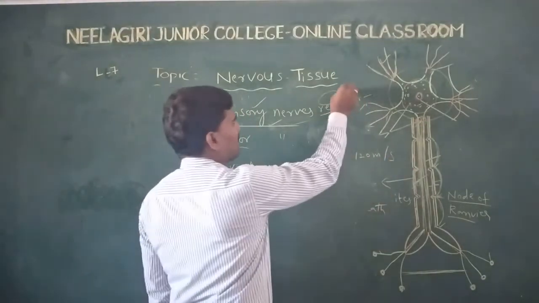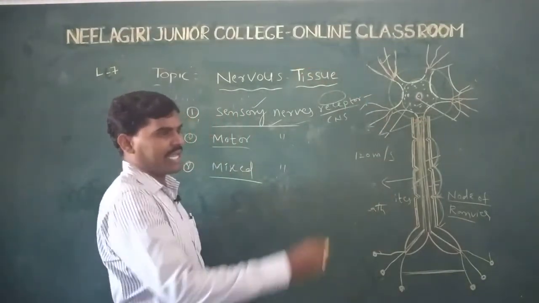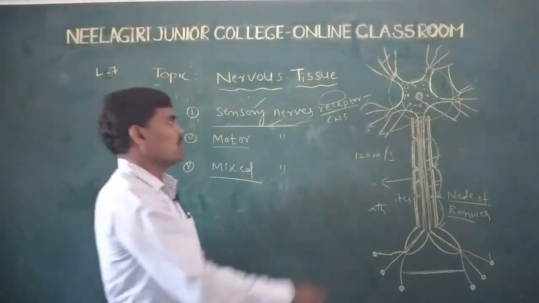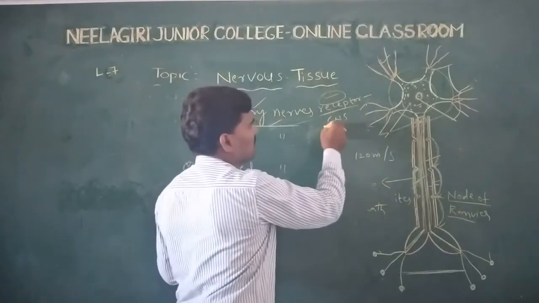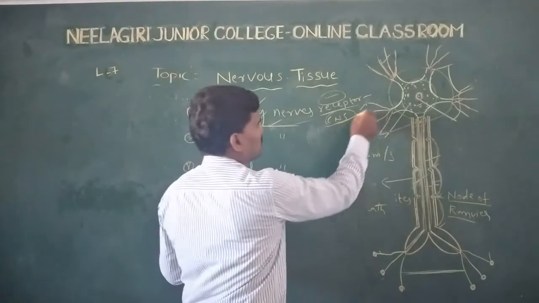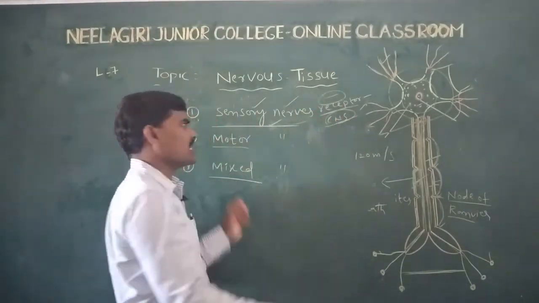Receptor means target organs, any organ. The nerve impulse received there is transmitted to the CNS, the central nervous system. This type of nerve is called a sensory nerve.